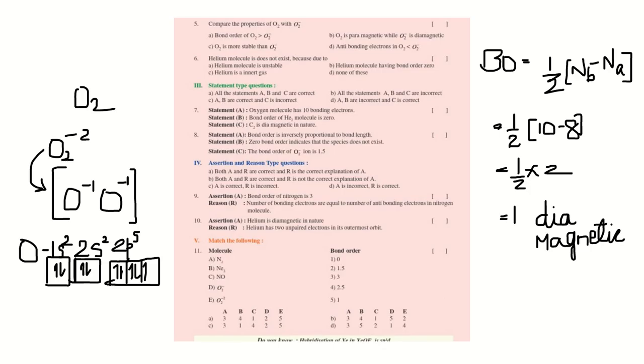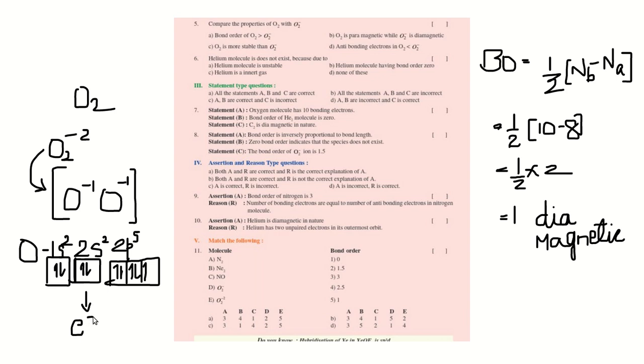Next, compare properties of O2 and O2 minus 2. I have written some explanation here, as you can see. So O2 minus 2 is like O minus and O minus, right? So this 2 can be split. In that way I split that, and I wrote the electronic configuration, as you know.